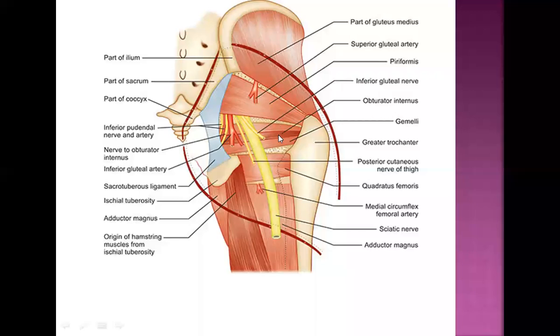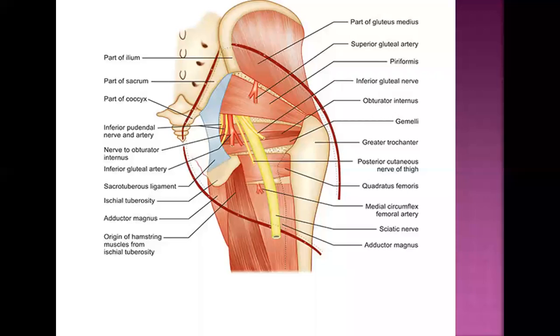Now inferior to piriformis, there are three structures which are fused together. That is called the gemelli and the tendon of obturator internus. The word gemellus is derived from the word Gemini. What is the meaning of the word Gemini? I think you already know that.